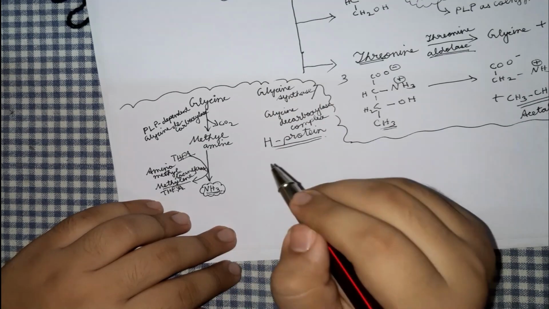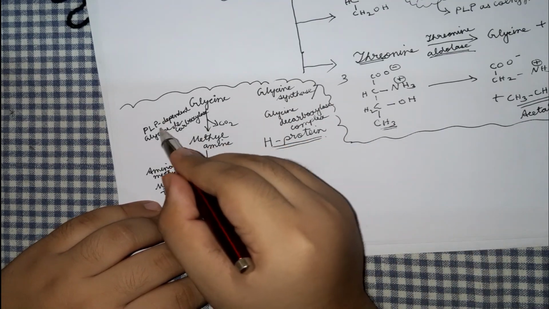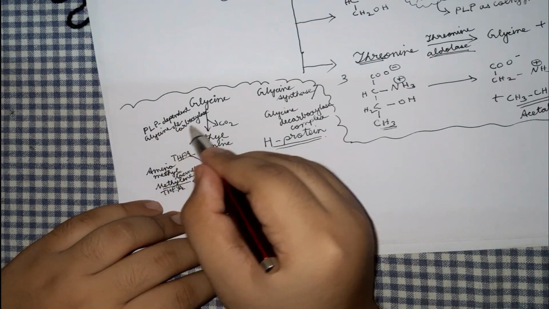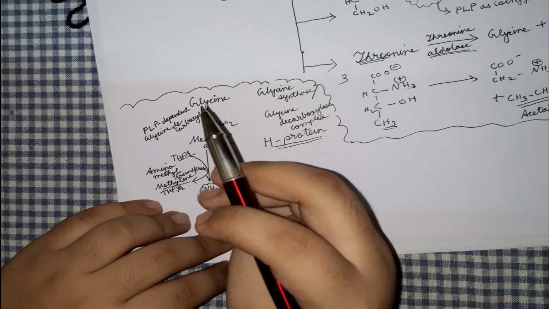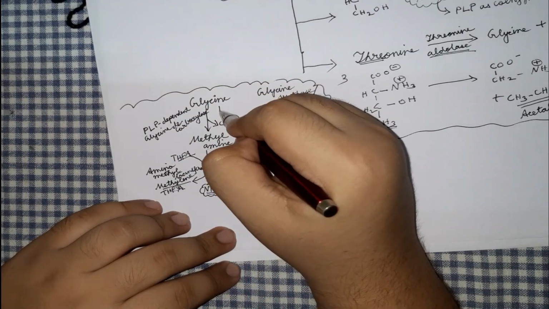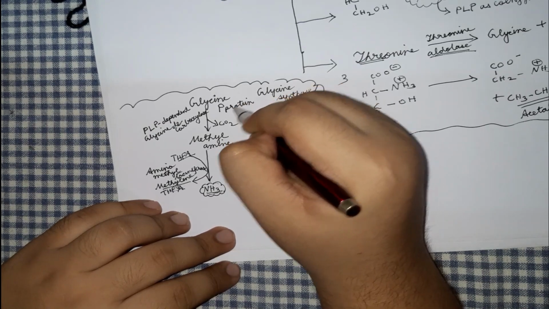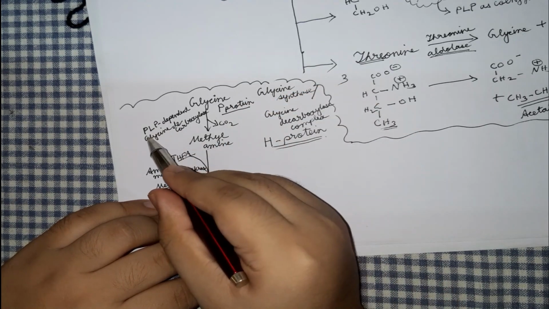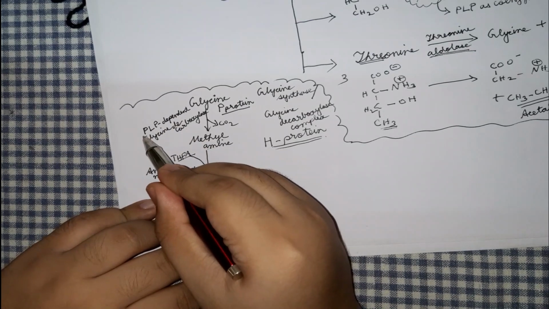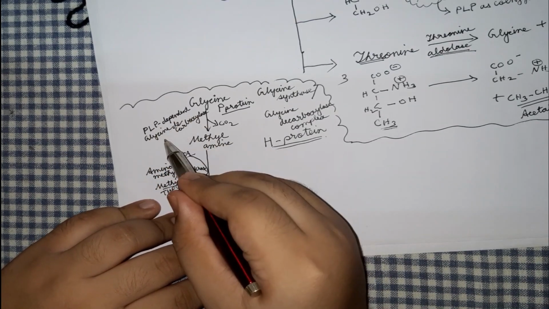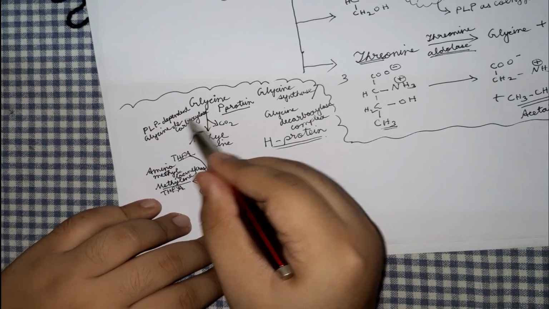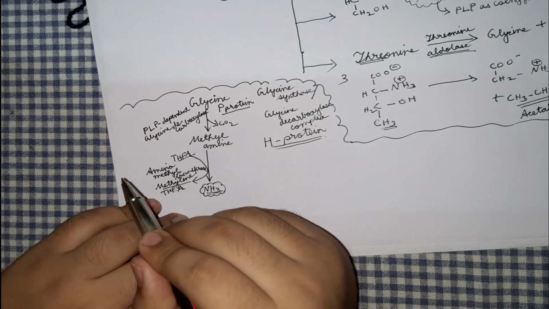Again, listen to me carefully. This PLP dependent glycine decarboxylase enzyme is a protein. This is known as the P protein. That is why I wrote intentionally the PLP dependent glycine decarboxylase, so that you remember the P in the first.